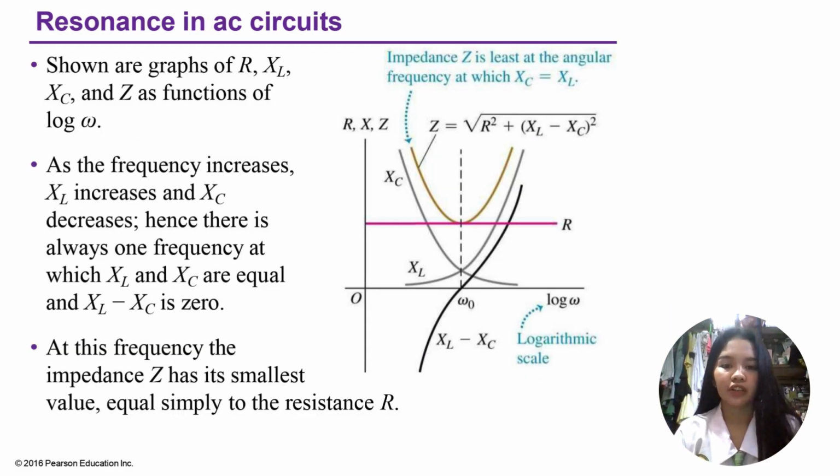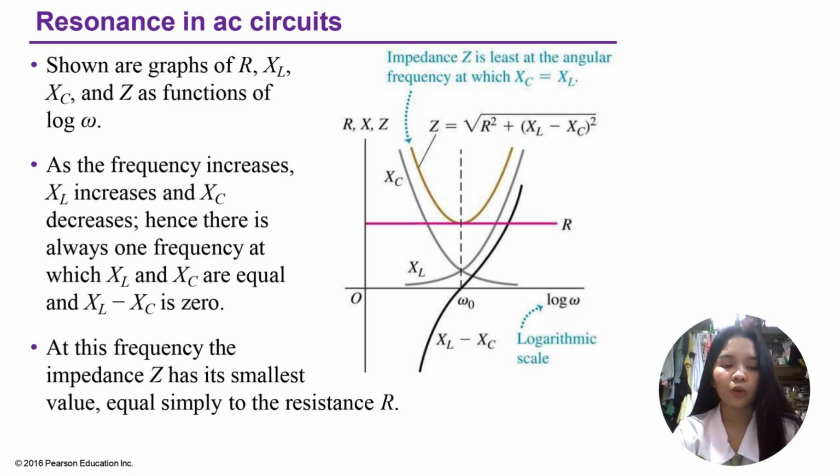Resonance in AC circuits. Shown here are the graphs of R, X sub L, X sub C, and Z as functions of the log angular frequency. As the frequency increases, X sub L increases and X sub C decreases.